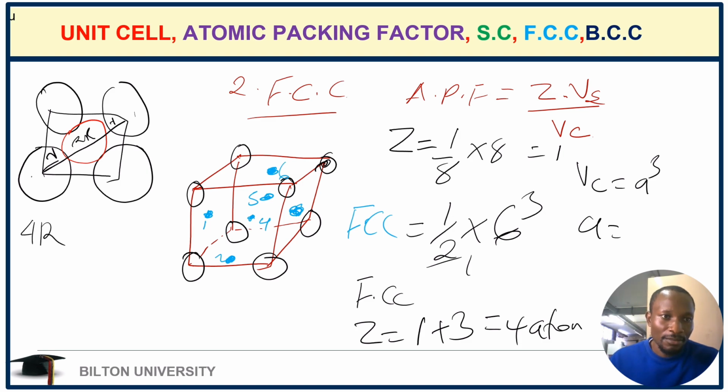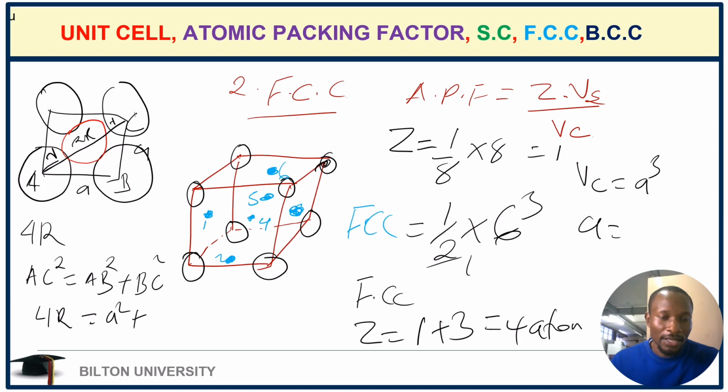So if this is my A, B, and C, and this is edge length a, and this is another edge length, then we can say AC squared is equal to AB squared plus BC squared from Pythagoras, right? AC is 4R, and AB squared is a squared, and BC squared is also a squared.